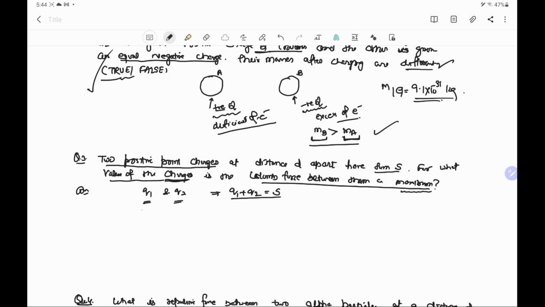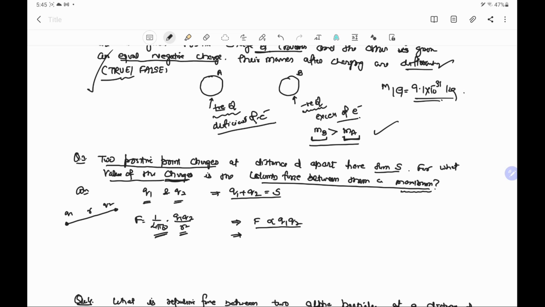We have to find the Coulomb force. Coulomb force is given by 1 by 4 pi epsilon naught, Q1 Q2 upon R square. These are the two charges Q1 and Q2, and the distance between them is R. Here R is fixed and 1 by 4 pi epsilon naught is fixed, because we are not changing R. It means in this problem force depends on Q1 and Q2.